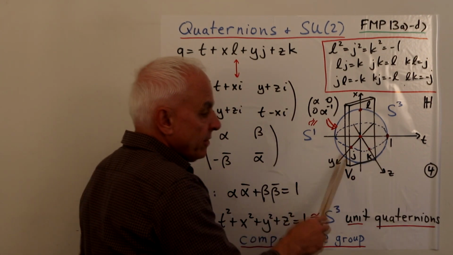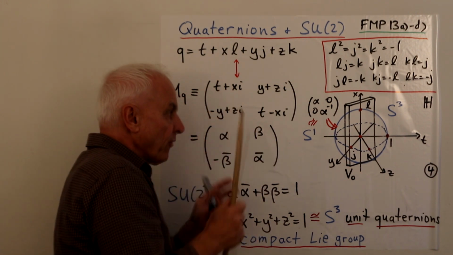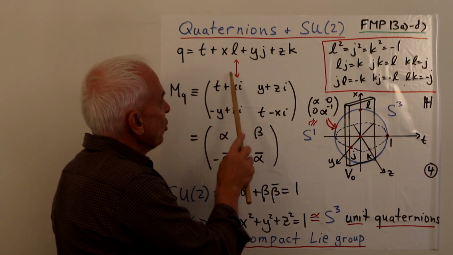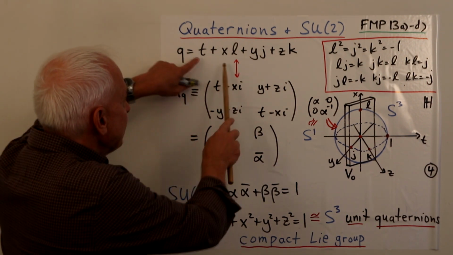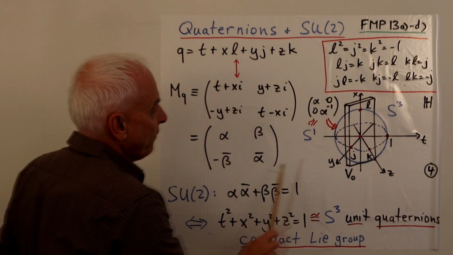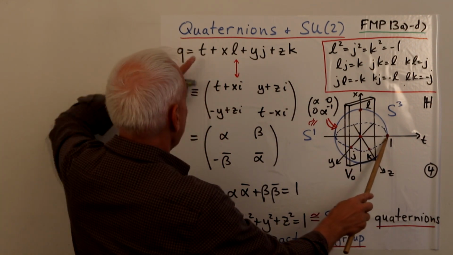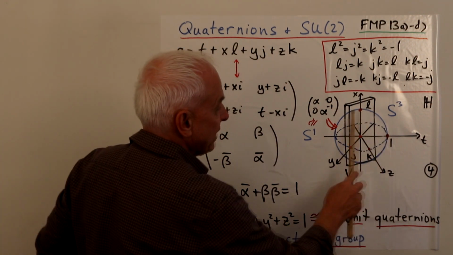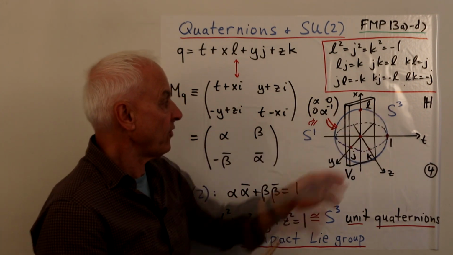It lies on the unit circle in the complex numbers, but just expressed in terms of t and x. So we're just looking at those two coefficients, and we're on the circle. It's actually this circle here passing through 1 and L. It's like an equatorial circle of this 3-dimensional sphere.